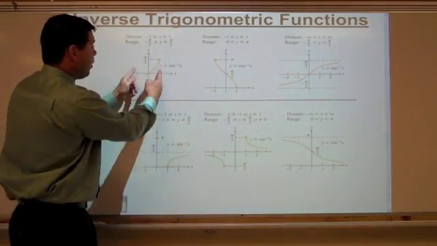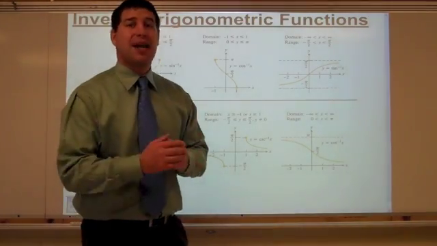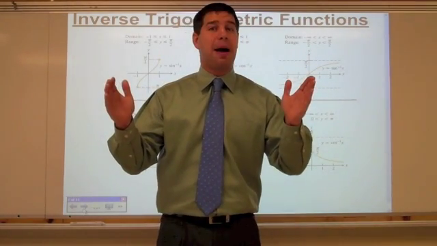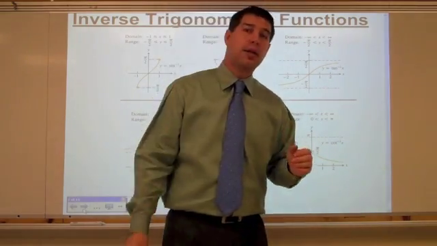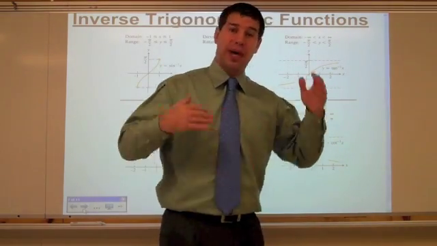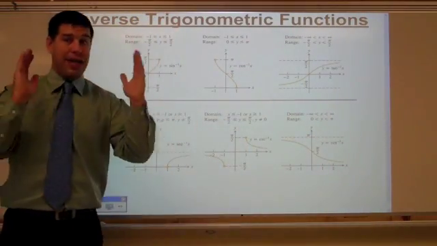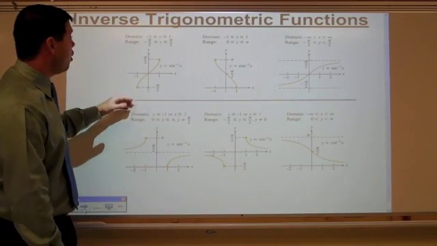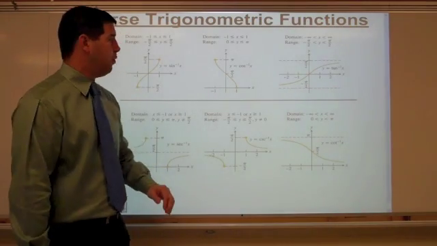And for its range, they took the piece of the sine function from negative pi over 2 to positive pi over 2. One complete cycle from top to bottom, so it hits every value in between. Since they took that on the x value of the sine function, that's the y value of the inverse sine function. So the range of the inverse sine is negative pi over 2 to positive pi over 2.